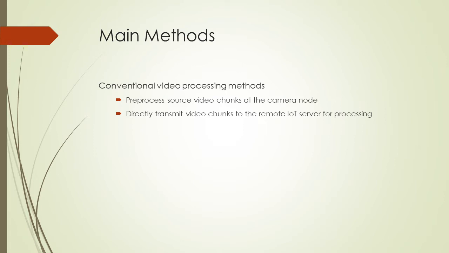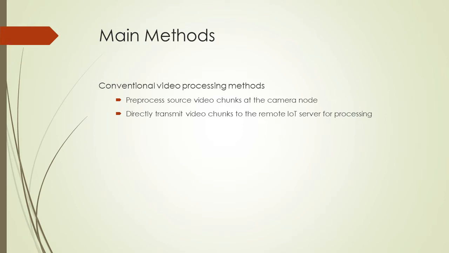Main methods. We thoroughly survey features and requirements of edge video processing for IoT, multimedia IoT systems in different typical scenarios. Generally speaking, there are two conventional video processing methods. The first one is to pre-process source video chunks at the camera node.